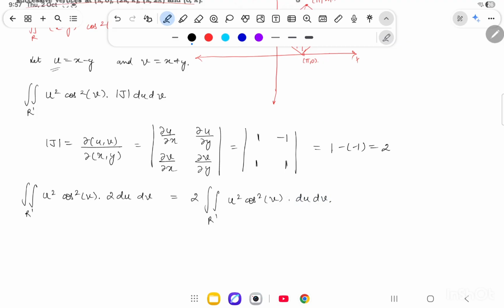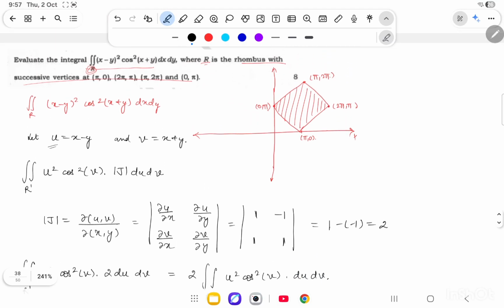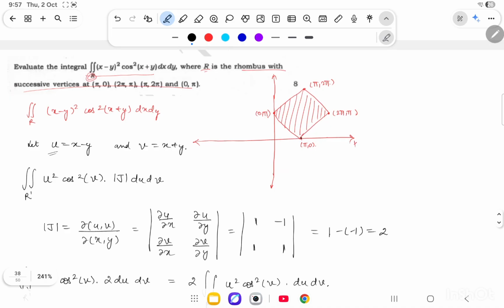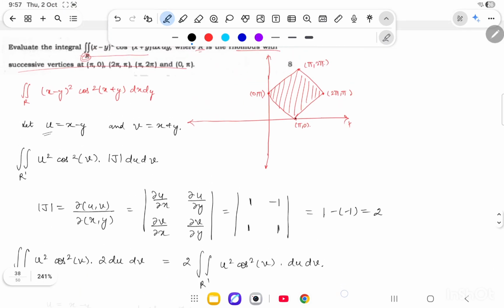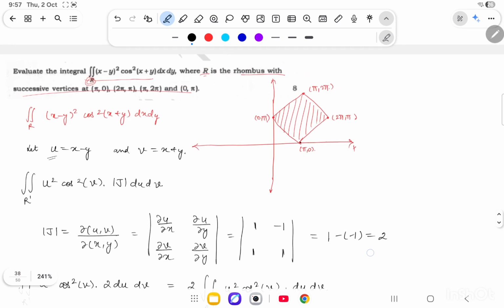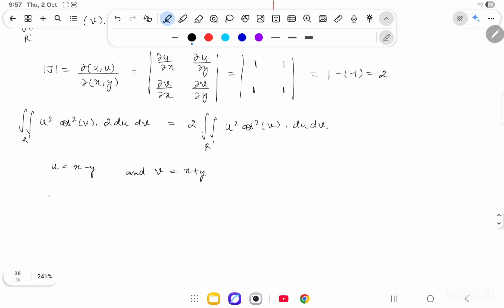Now let's see what will be the change in these vertices of the rhombus post this transformation. So the transformation that I have used is u equals x minus y and v equals x plus y, and the given points are pi comma 0, 2 pi comma pi, pi comma 2 pi, and further 0 comma pi.